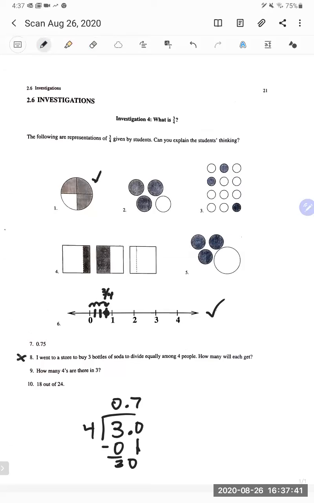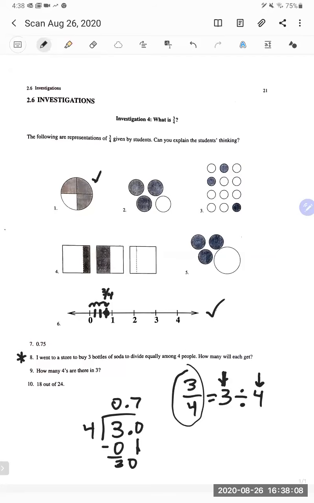Think about number 8, because that's an excellent illustration of 3/4 as being, again, 3 divided by 4. Because you're taking 3 bottles of soda and you're having to divide them 4 equal ways. That means each person is going to get 3/4 of one bottle. So kind of an interesting thing.